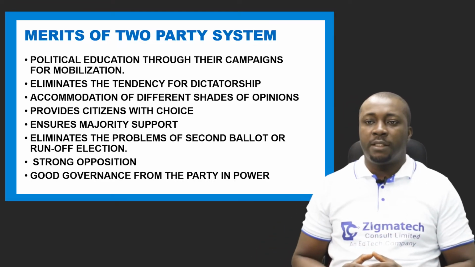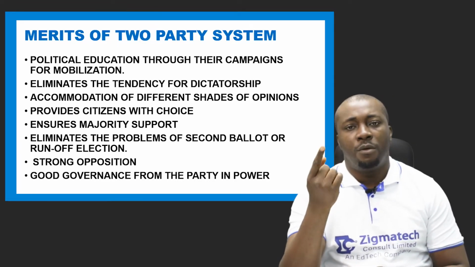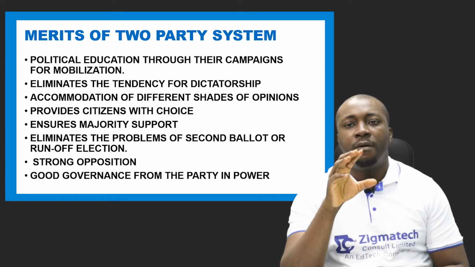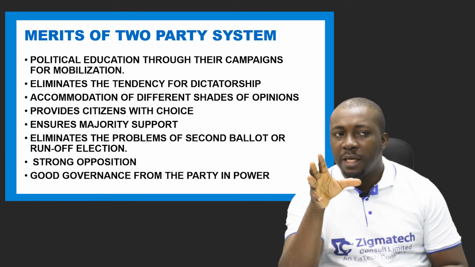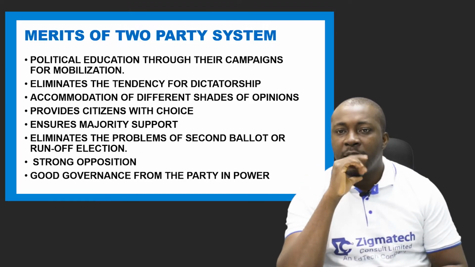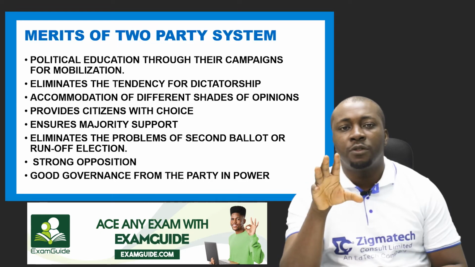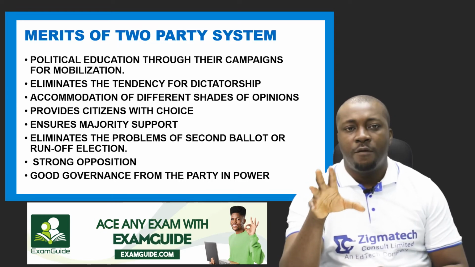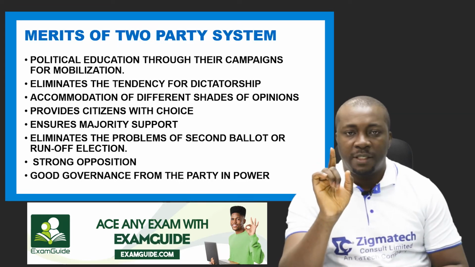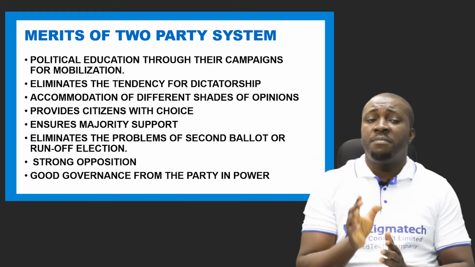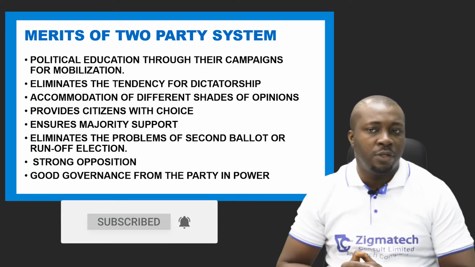It also eliminates the problem of second ballot or runoff election. What do we mean by this? Now, when you have more than two political parties dominating the polity, at times where you have what we call absolute majority electoral system, where a party has to win up to 51% of the vote cast, it may be difficult for one party to have that absolute majority.